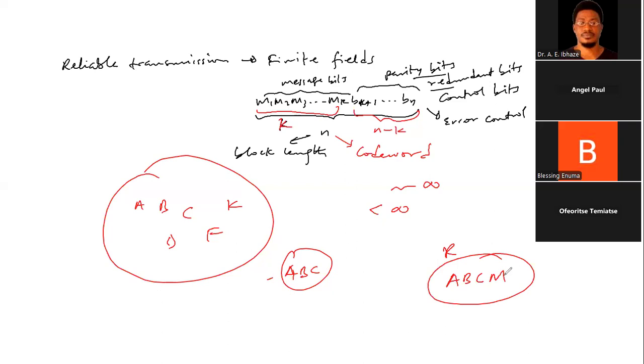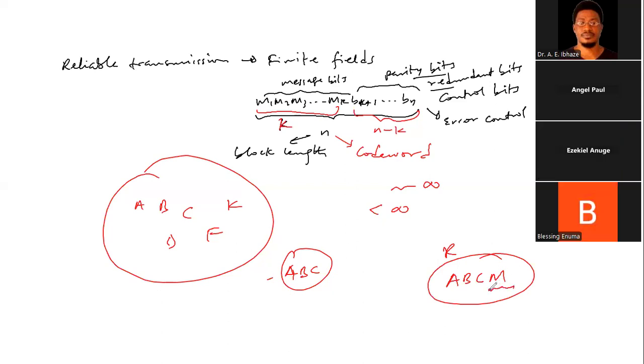Yeah, there's an error, because M is not in the finite field of elements that we have used. So technically, we can detect there is a problem. But what if I receive A, B, C, K? What will happen here?